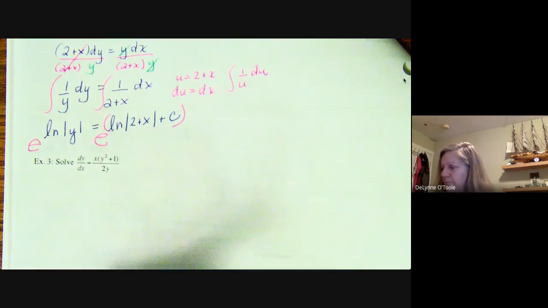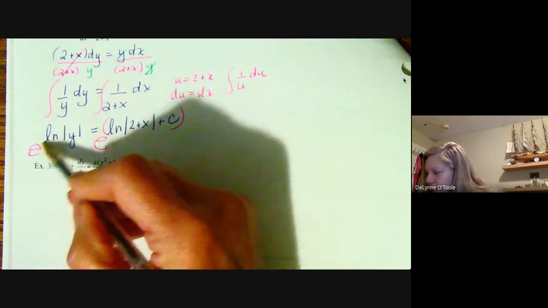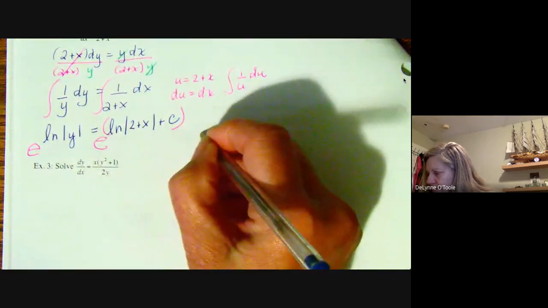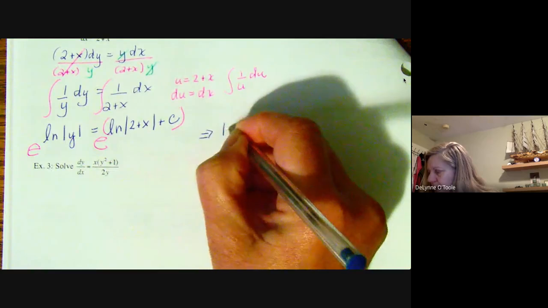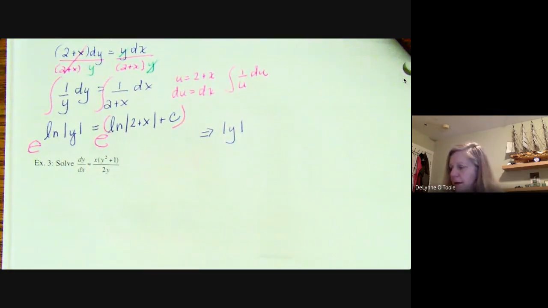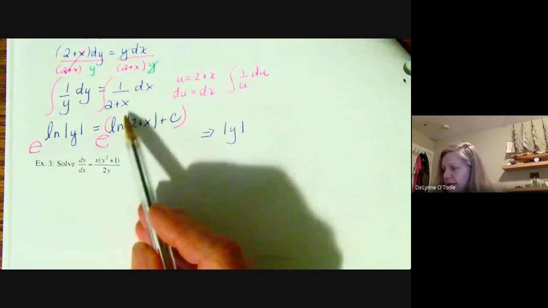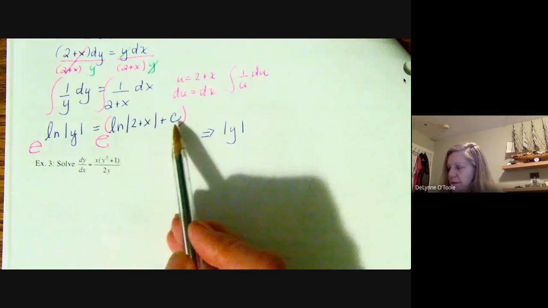Okay, now when I deal with that, the e and the natural log cancel, and I'm left with the absolute value of y. Now look what I'm going to write for the next one. Okay, I can't just cancel this out because of this plus c at the end.